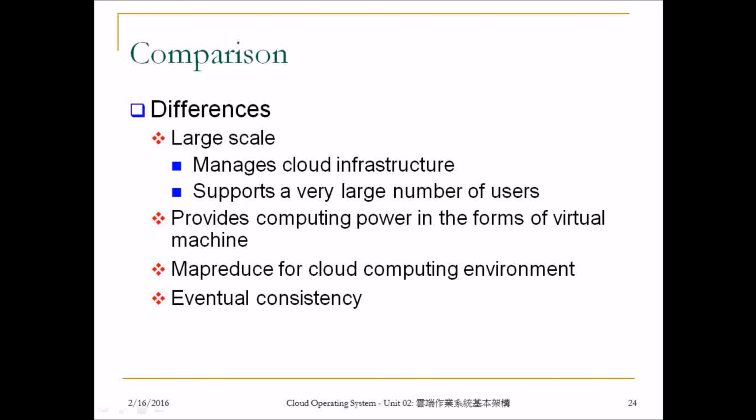This should be done by the cloud operating system, even the eventual consistency. So, to manage the computing resources and the files from the client users in a huge number of client computing nodes, the cloud operating system is so different from the traditional operating system.